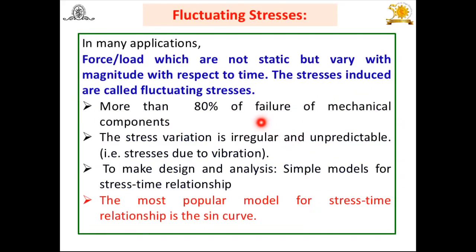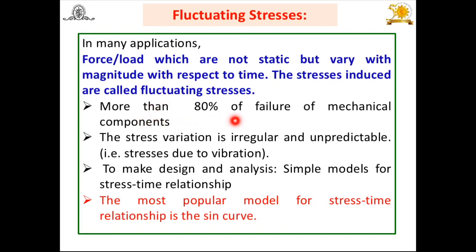What do you mean by fluctuating stresses? In many applications, as I have told, forces or loads are not static but vary with time, and the stresses induced are known as fluctuating stresses. That means when components are subjected to varying load, stresses get induced, and these stresses are known as fluctuating stresses.